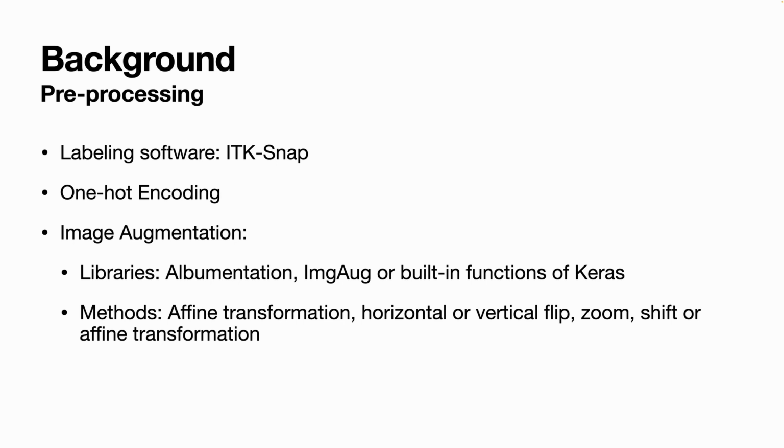There are approaches offering multiple augmentation methods. For example, as you can see here, the image augmentation is a built-in function of Keras. The augmentation method could be an affine transformation, horizontal or vertical flips, zoom, shift, etc.